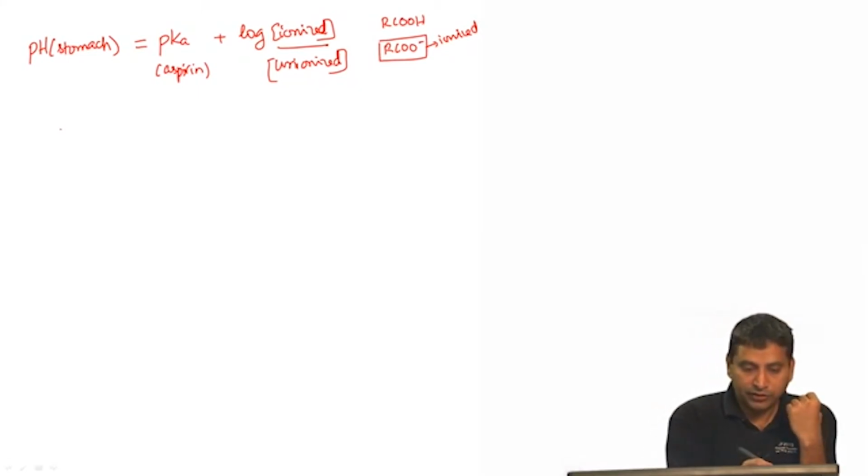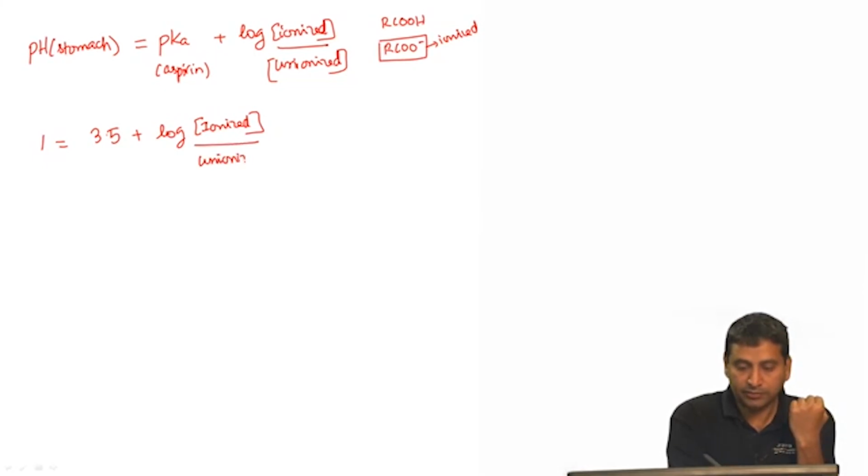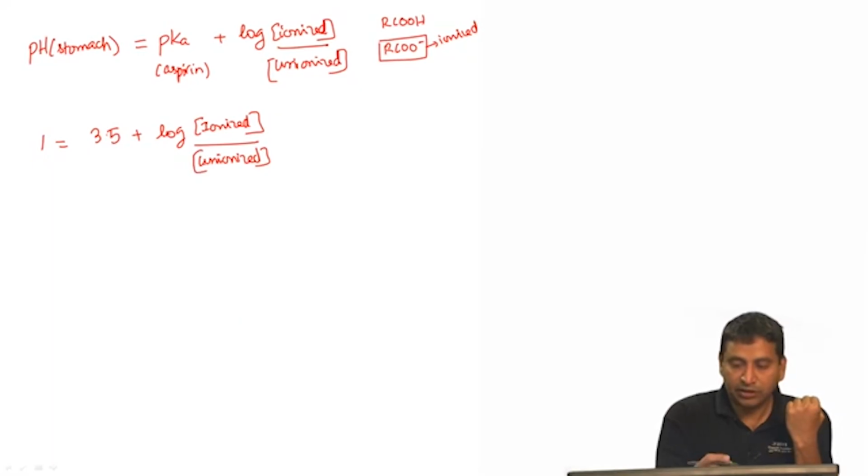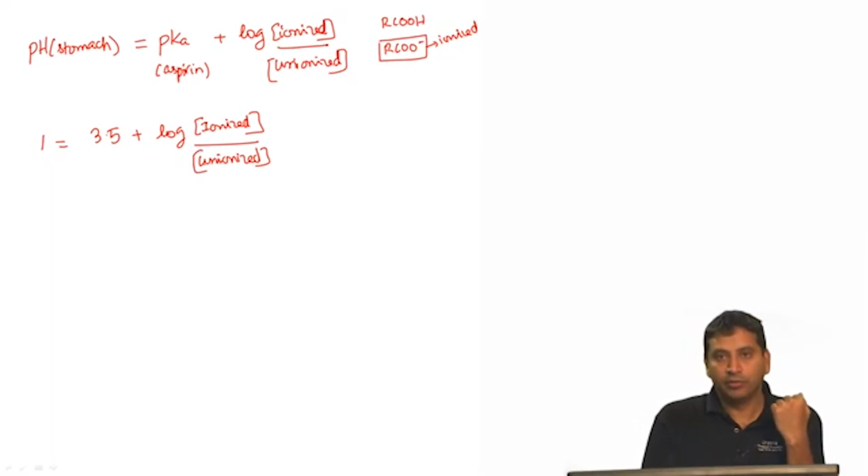We have already discussed that the pH of the stomach is 1. So, this is equal to the pKa of aspirin, 3.5, plus log of ionized divided by unionized. Okay. So, this is what we would need to find out.